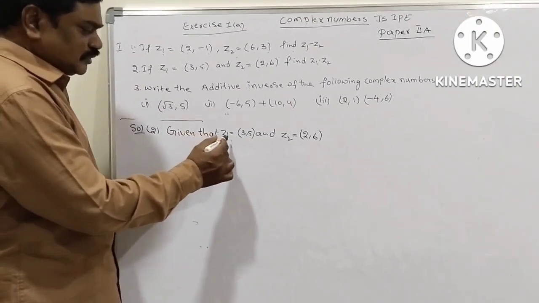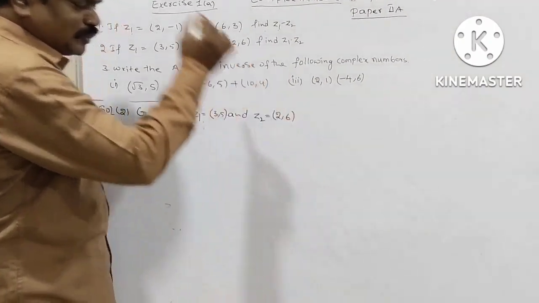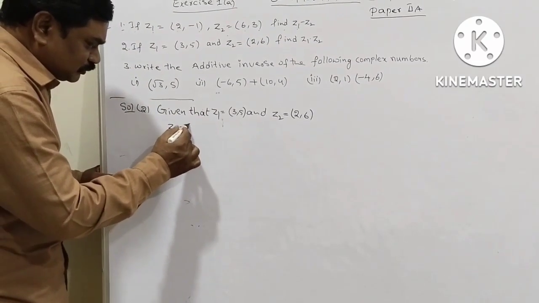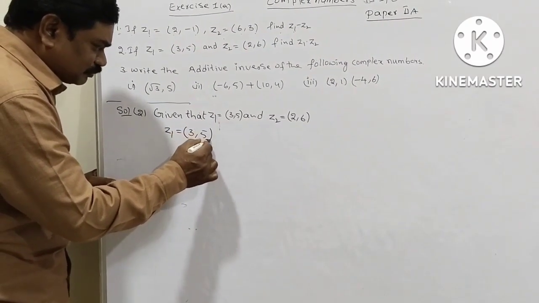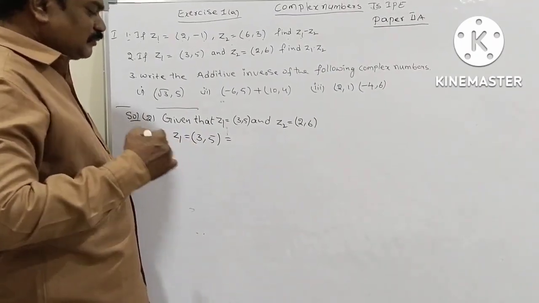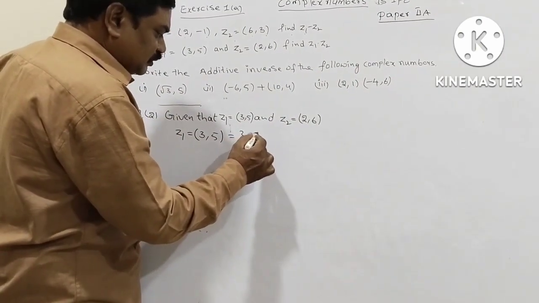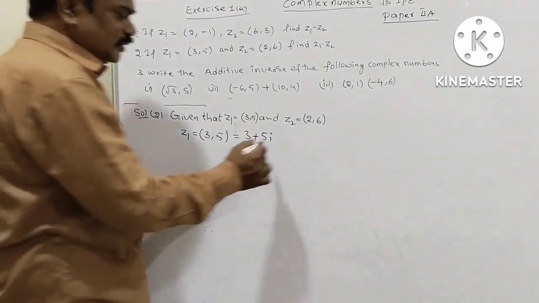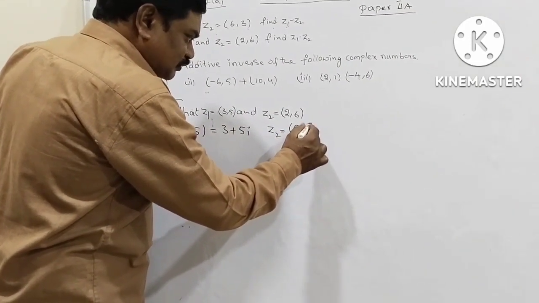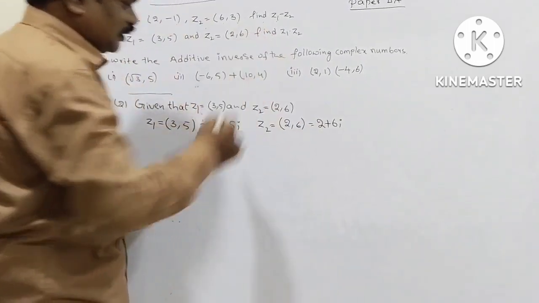We write the ordered pair (3, 5) in the form of a complex number, 3 plus 5i, and Z2, the ordered pair (2, 6), as 2 plus 6i.